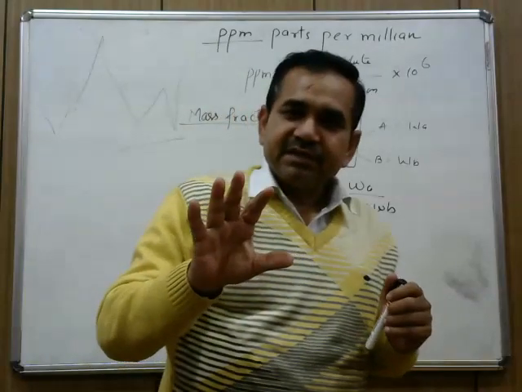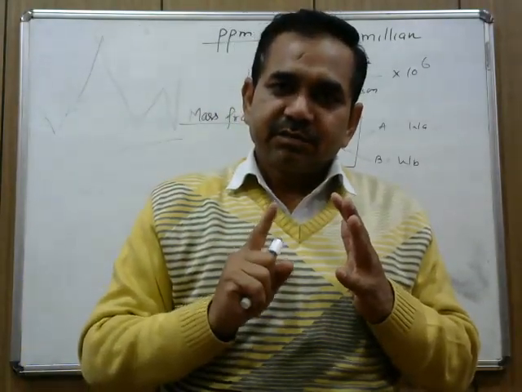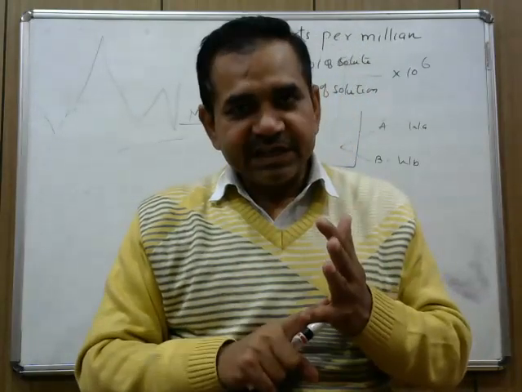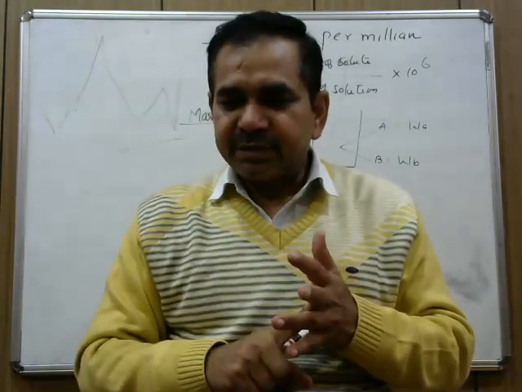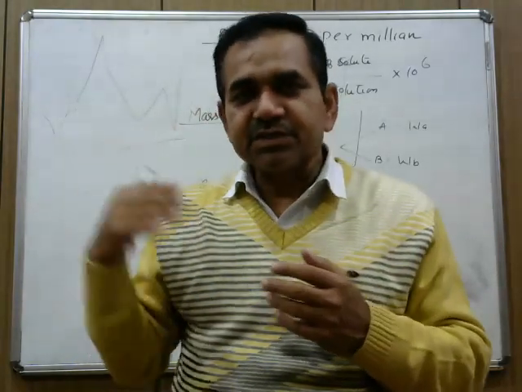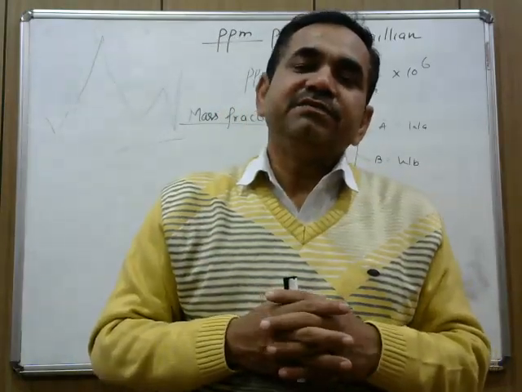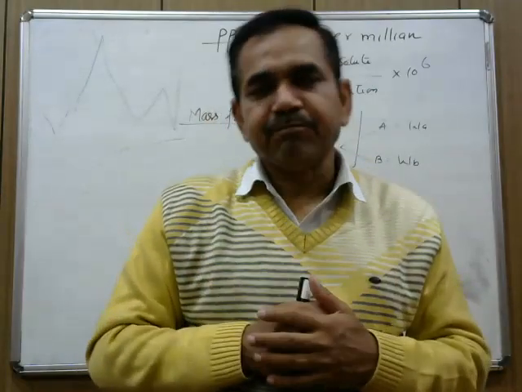So by this time I have explained to you percentage, strength, molarity, molality, mole fraction, parts per million, and of course this mass fraction. Now I will tell you one very important unit for expressing concentration, that is called normality.